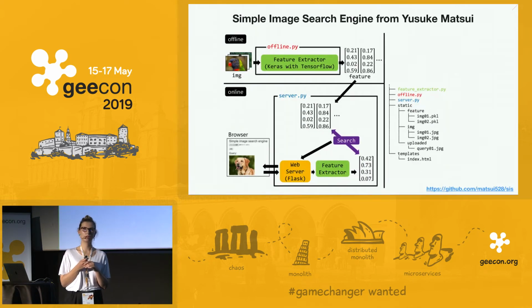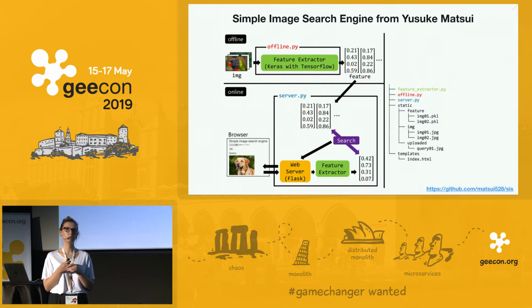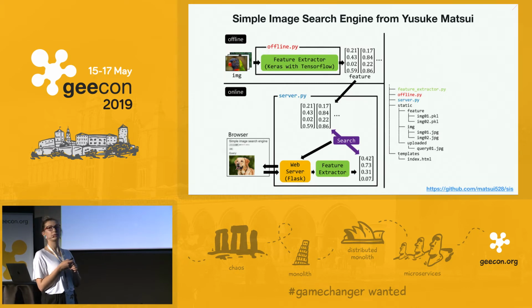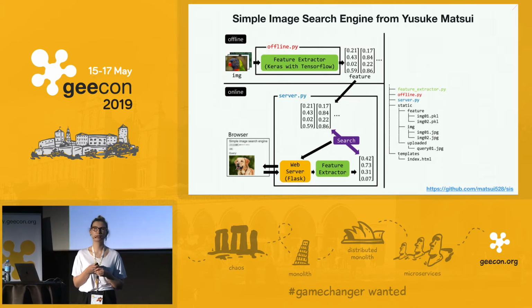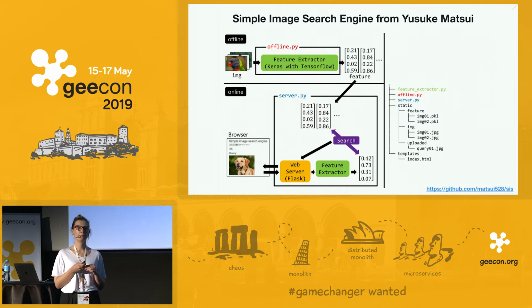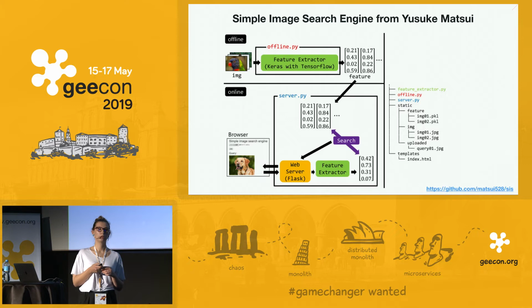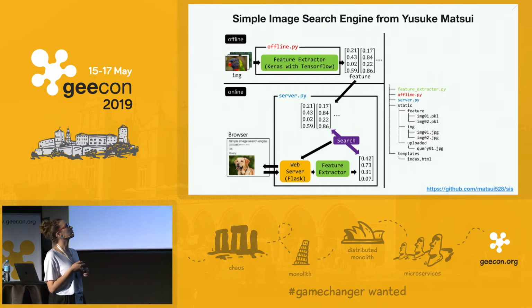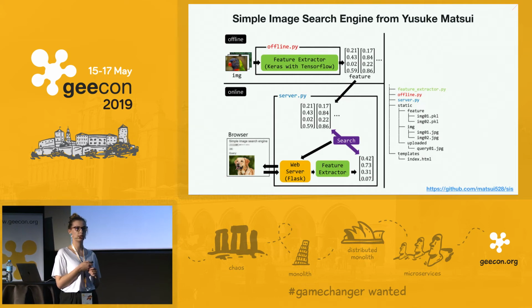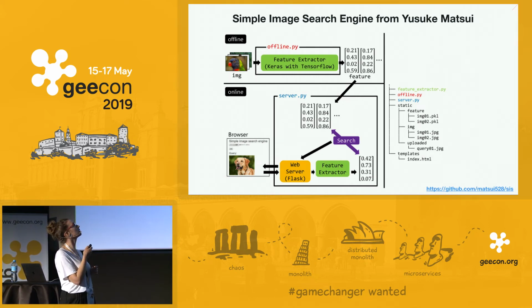So here is a sample project that is done by Yusuke Matsui, who is a professor at the University of Tokyo. And what he did was a simple image search engine, and I tested that. So what he does is, like I said, feature extraction.